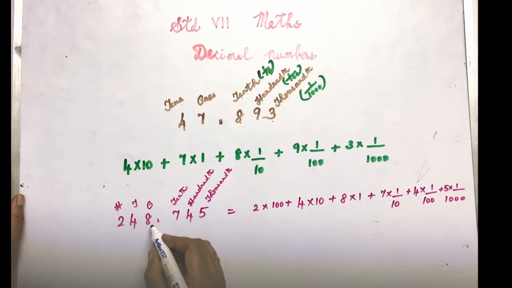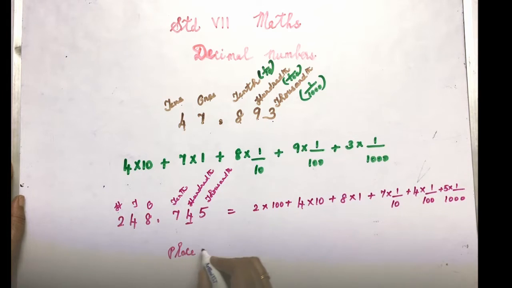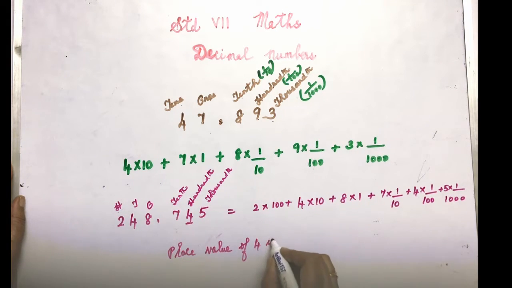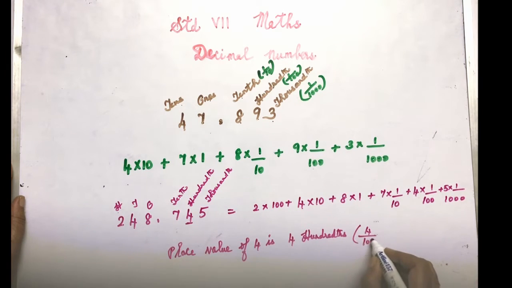Now if we want to find out the place value of only 4, the place value of 4 is 4 hundredths, that is 4 by 100.